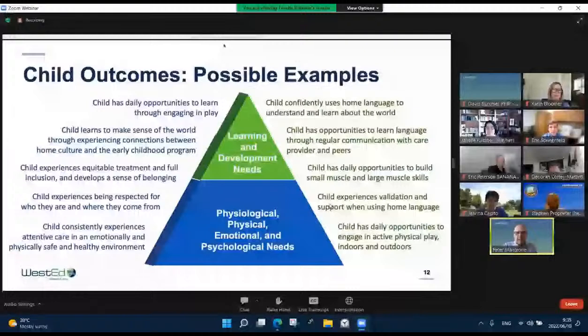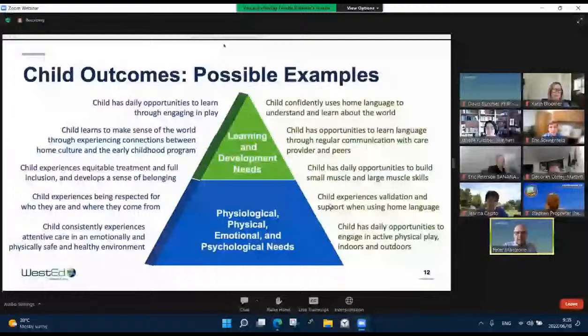We want to make sure that everything the child is bringing to care, I'm up on the fourth, if you're counting up, there we go, with the pointer, we know that every experience the child has, and we know how rapidly the brain is developing, that the child is making sense of the world. The child makes sense of the world through the experiences and connections the child is making as the brain develops.